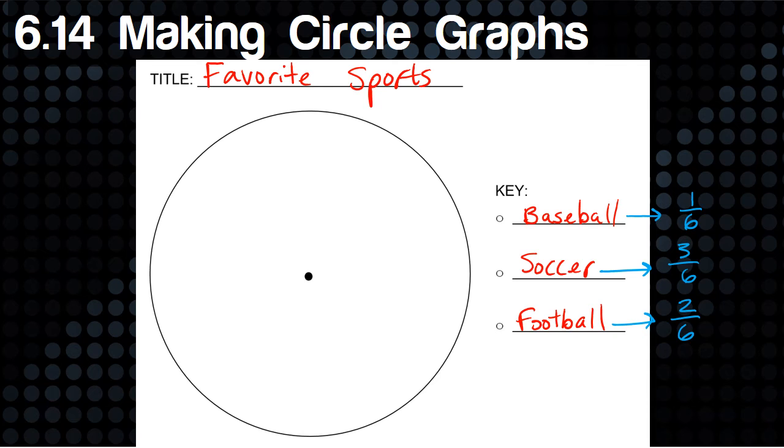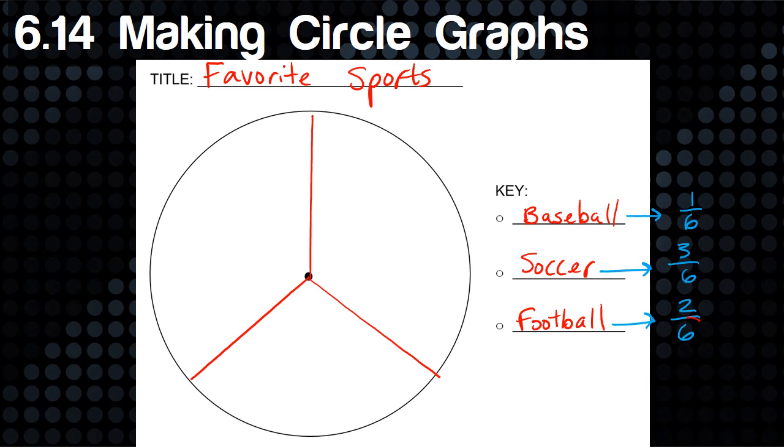And so just like we did in the first part of this video where we did the fractional parts, we're going to start by making thirds. So this is our peace sign. So remember, let's go ahead and make our third pieces out here. So I'm making my thirds.